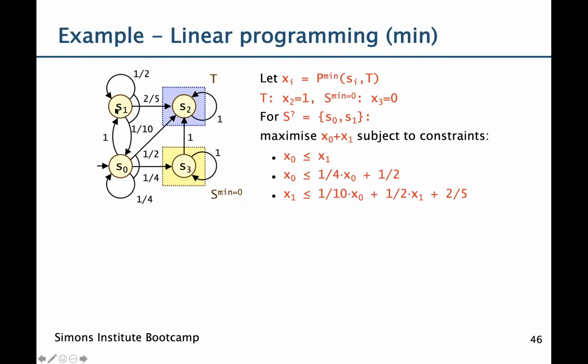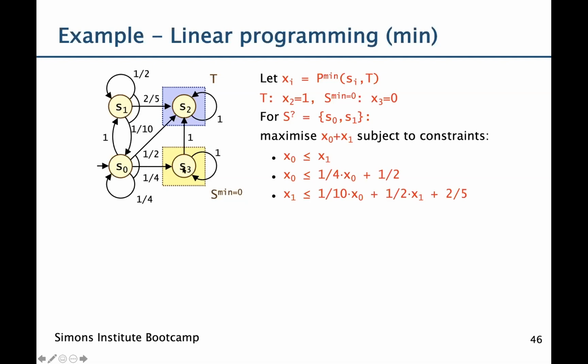So first, for this choice here, this is x0 is less than or equal to x1, and then for this choice here we end up with 1. So this is x0 is less than or equal to 1 quarter times x0, because we get back to s0 here.